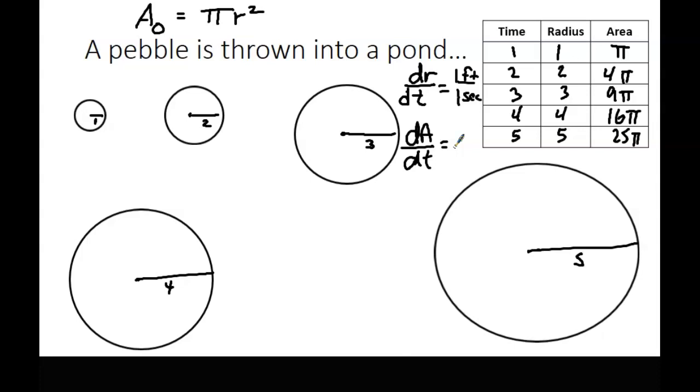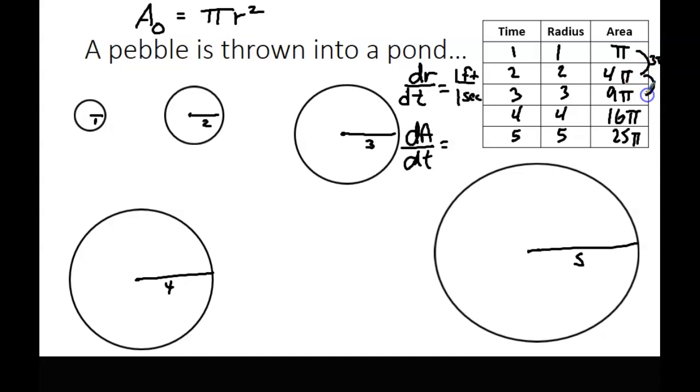So like, how far apart is this? It went up by 3 pi, right? So from 1 second to 2 seconds, the area increased by 3 pi. So from here to here, dA dt is 3 pi.